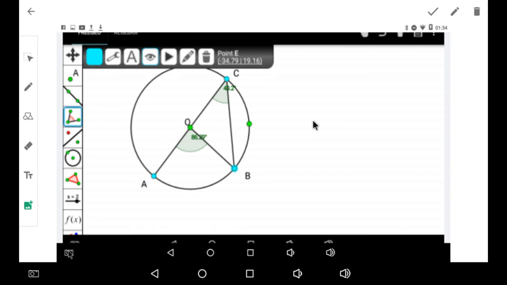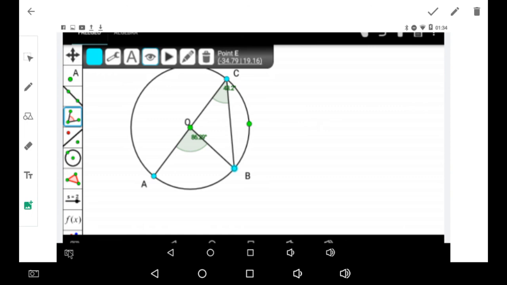So now basically we have looked at three different diagrams and measured the angle formed at the circumference and the angle formed at the center. Can we get a relationship? Is there anything we can get about the center and the circumference?